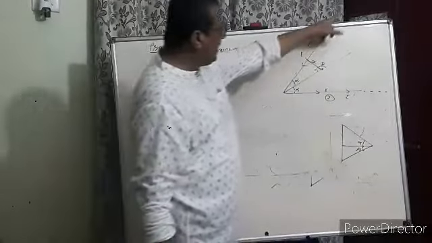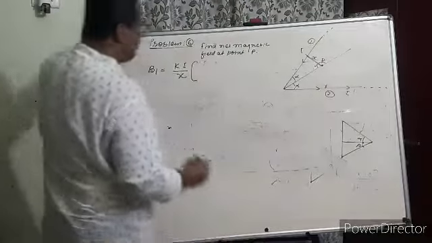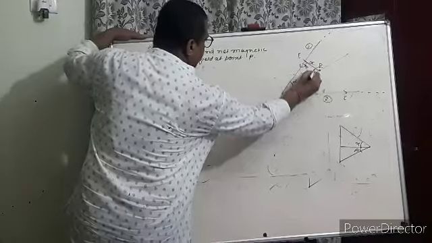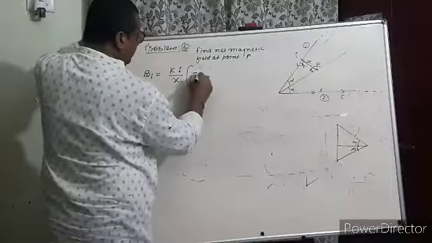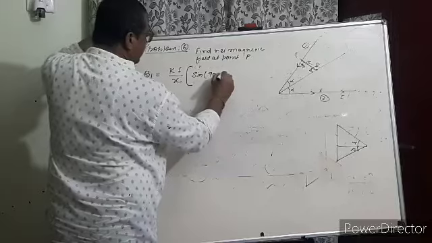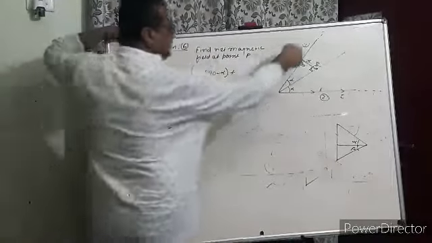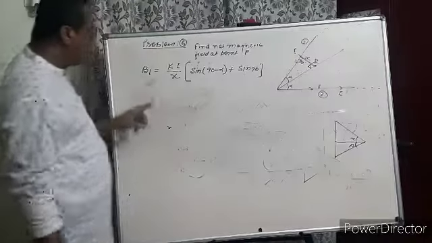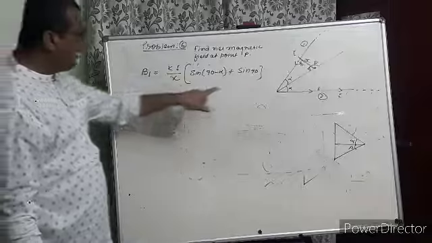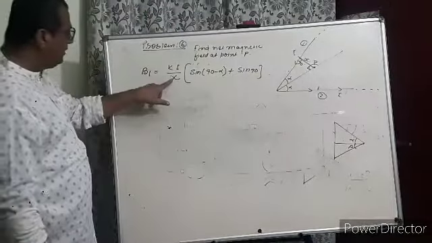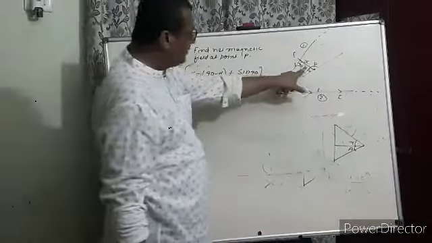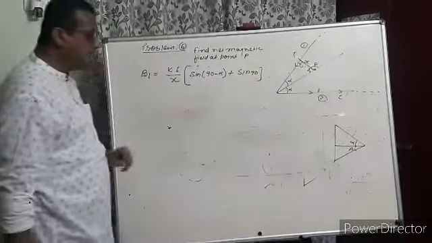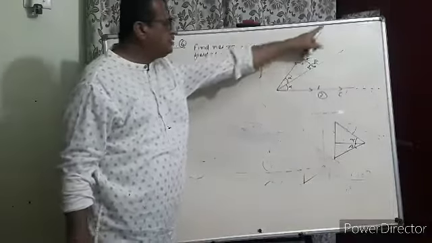Actually this part is infinite, so beta will be equal to 90 degree. This angle will be 90 minus alpha, so we take sin of 90 minus alpha plus sin 90, because this part is infinite.